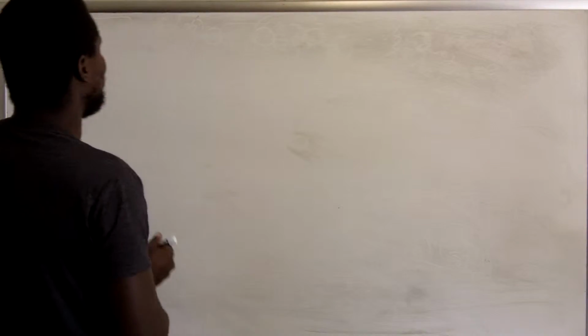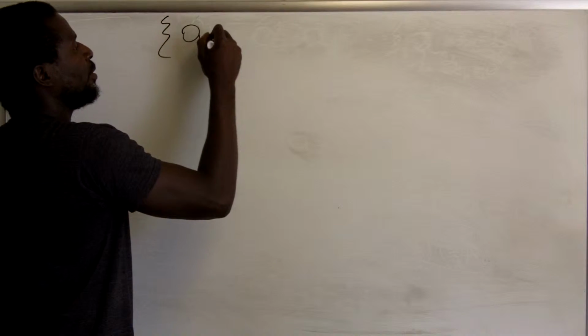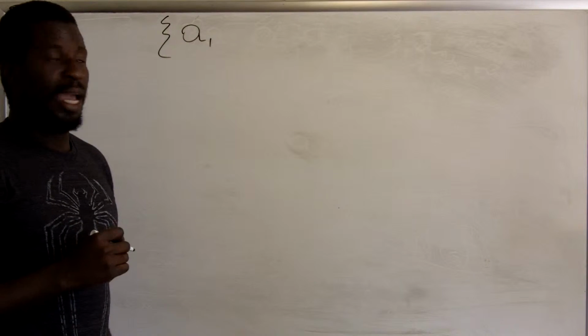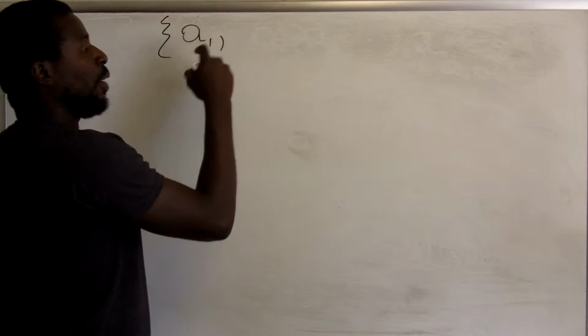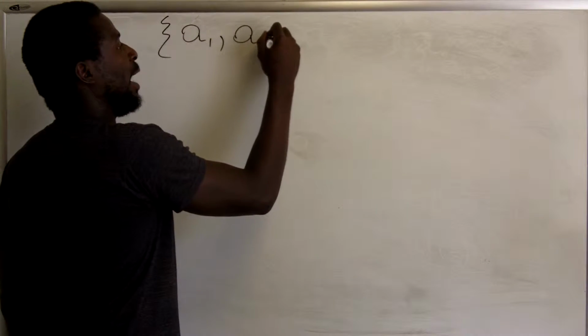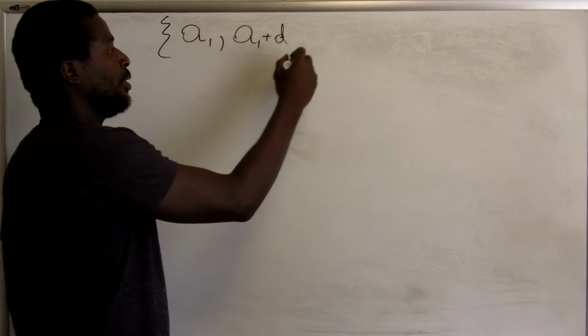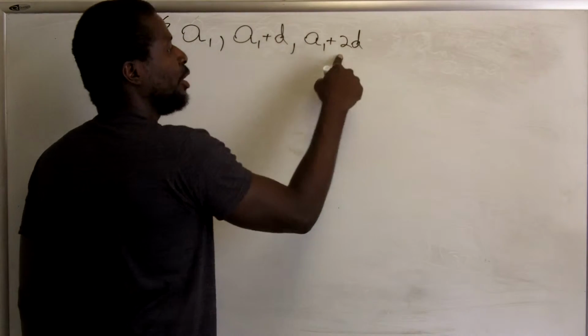So for an arithmetic sequence, the distinction here is we start with A1, and then for every subsequent term we add a common difference to A1. So A1, we add the difference. This is going to be A2. A1, we add 2 times the difference. This is going to be A3.